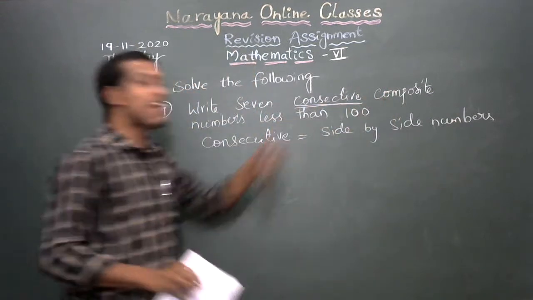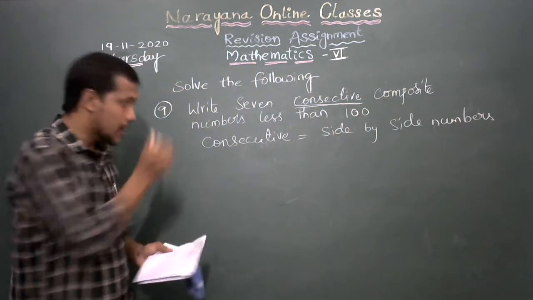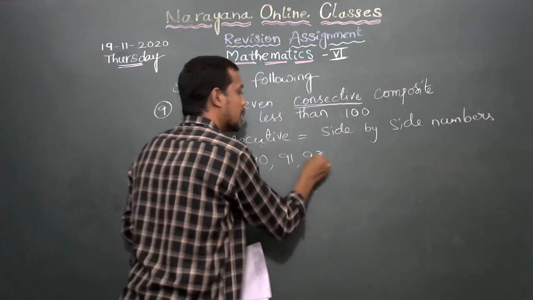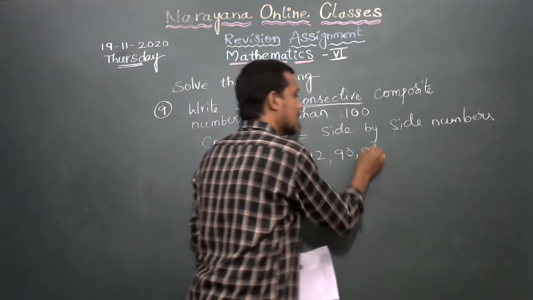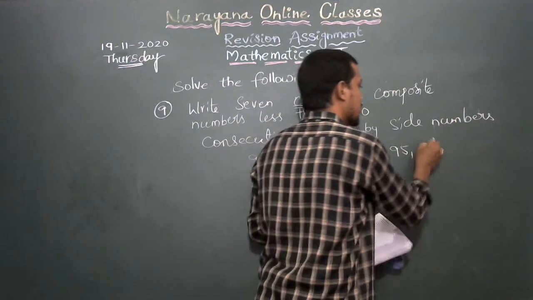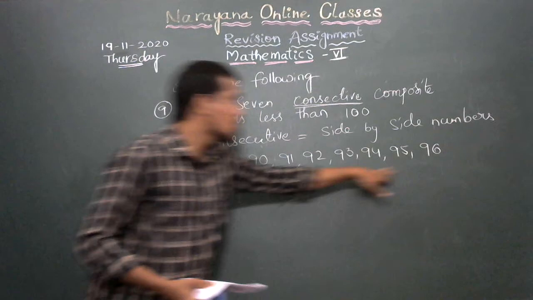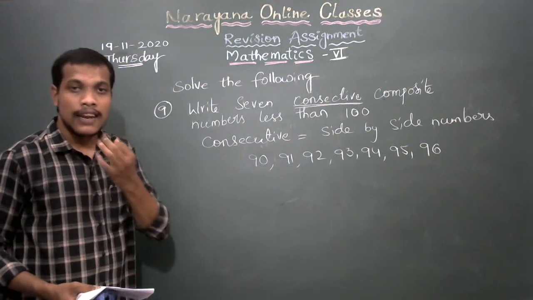Composite numbers less than 100. So less than 100 means 90, 91, 92, 93, 94, 95, 96. So these are 7 consecutive composite numbers.